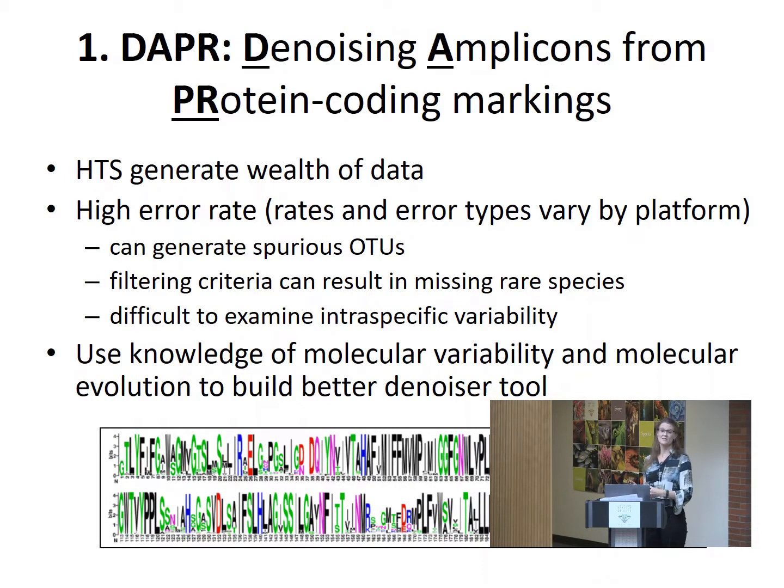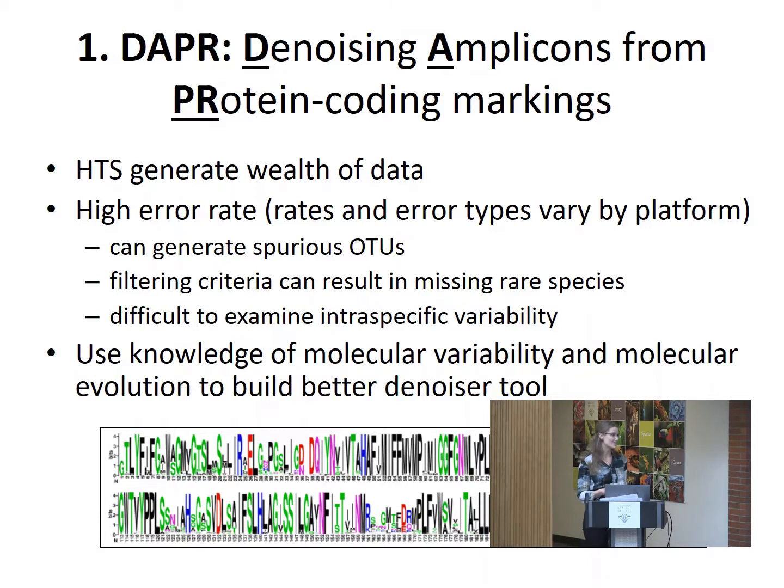But the capacity of a variety of types of sequencers to contribute to biodiversity science is very high, including Ion Torrent, Illumina, MinION, and various platforms. And the error rates tend to be high enough that they can even generate erroneous operational taxonomic units. And various researchers deal with this in different ways, often by setting stringent filtering thresholds, for example, throwing out sequences that have few representatives.